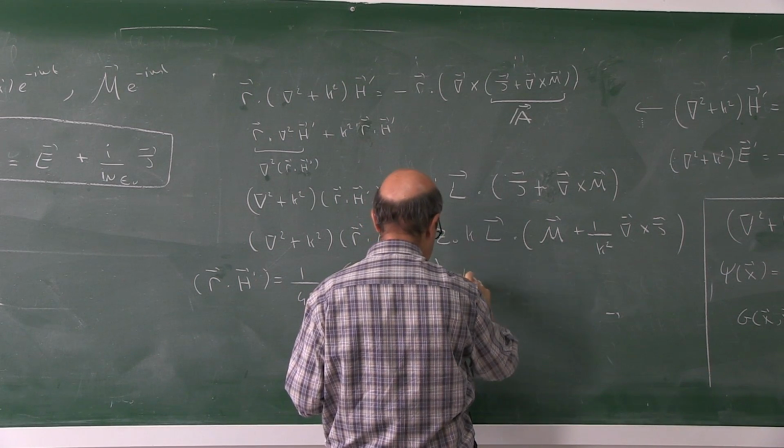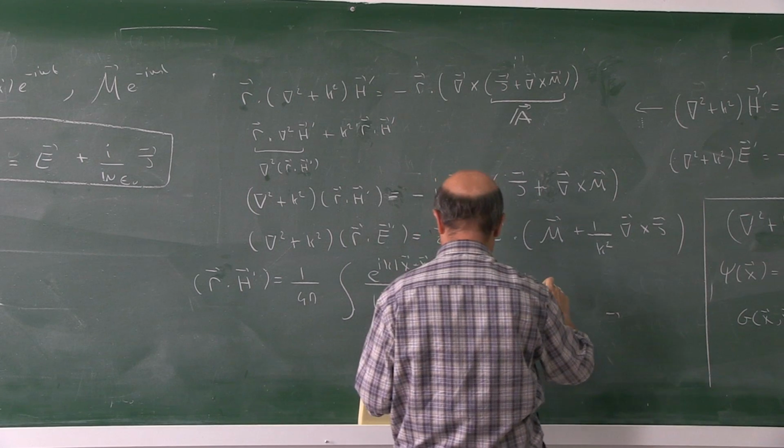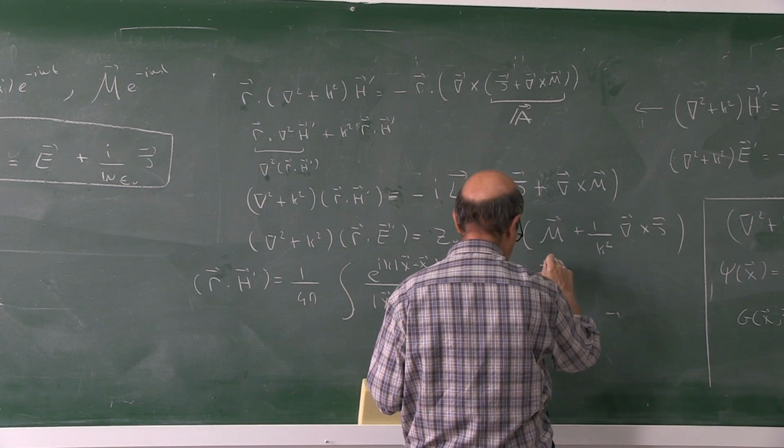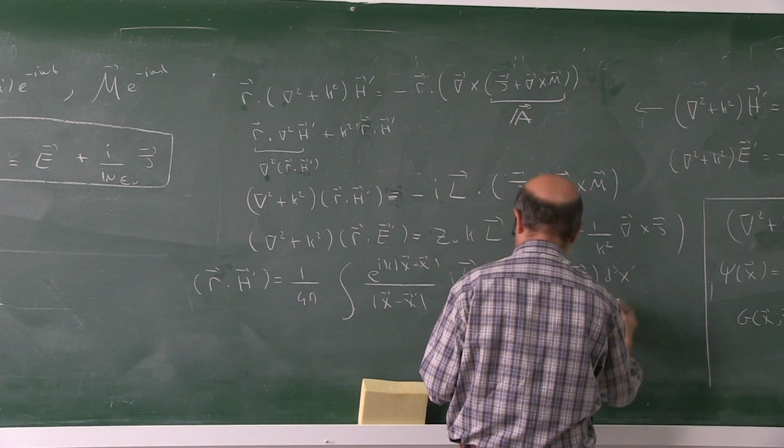The source is i L dot current density plus curl of magnetization, d cube x prime.